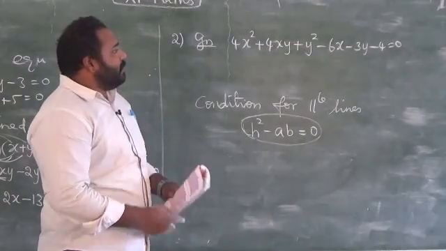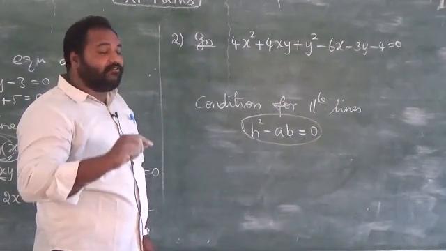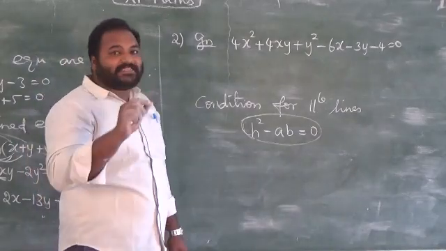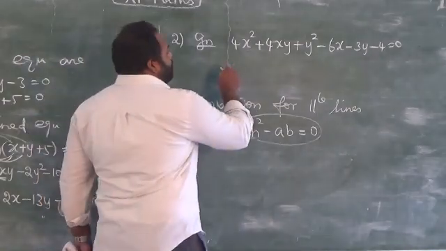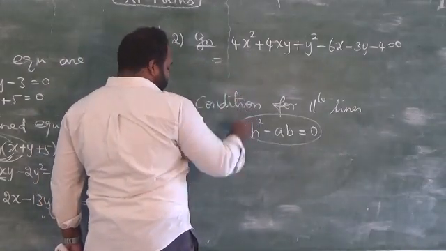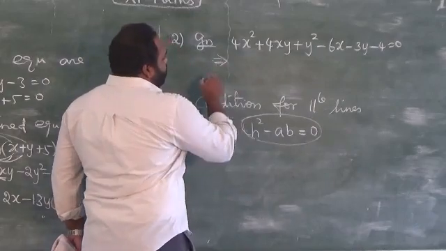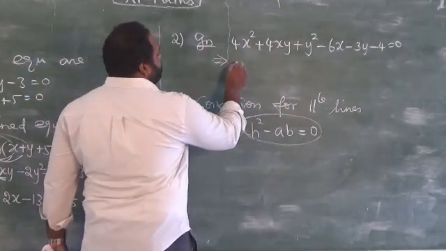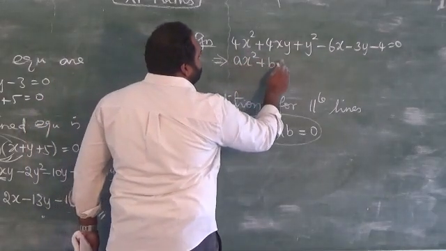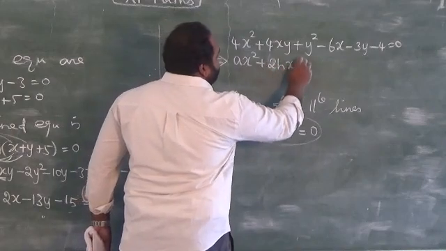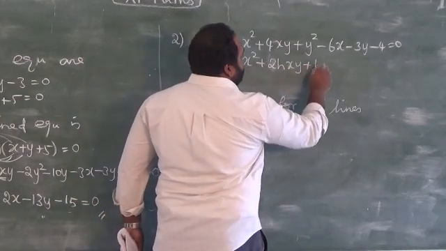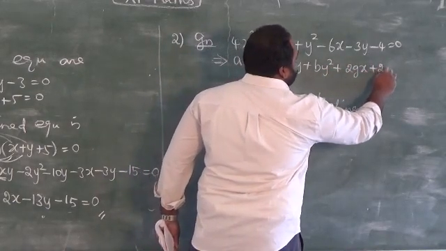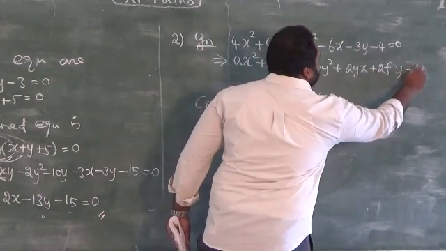So here I am giving the general form of a pair of straight lines once more for the beginning of this problem: ax square plus 2hxy plus by square plus 2gx plus 2fy plus c equal to 0.